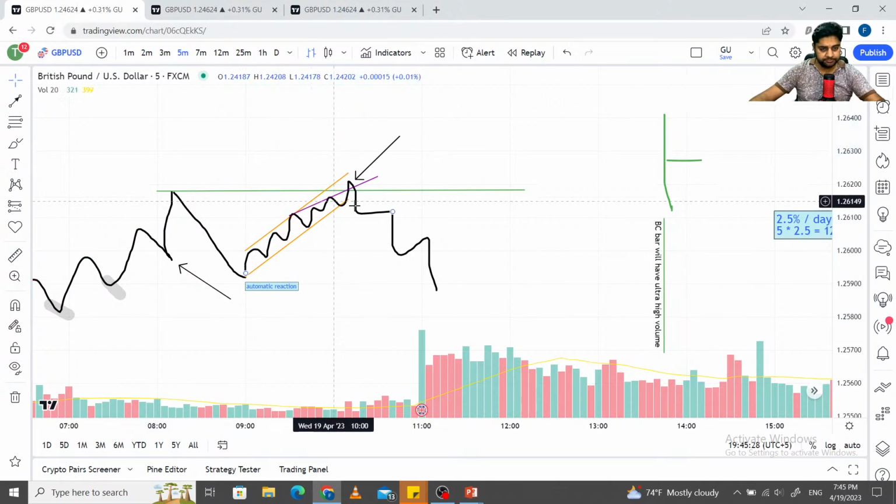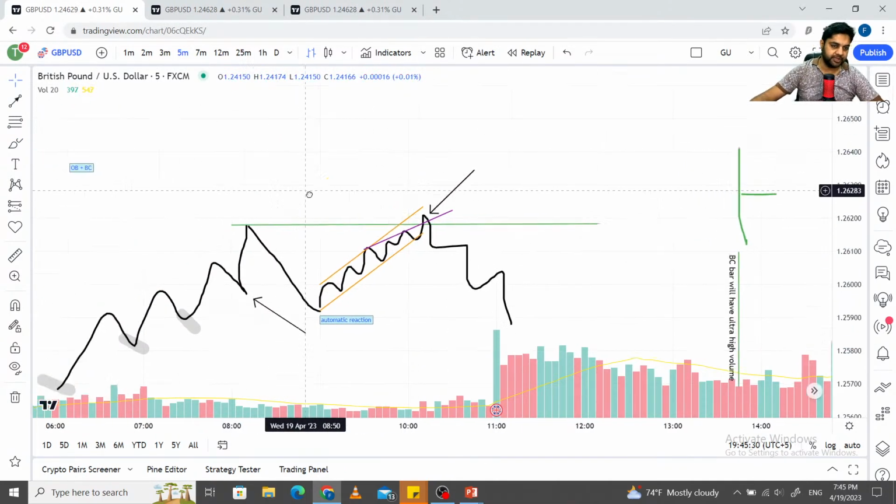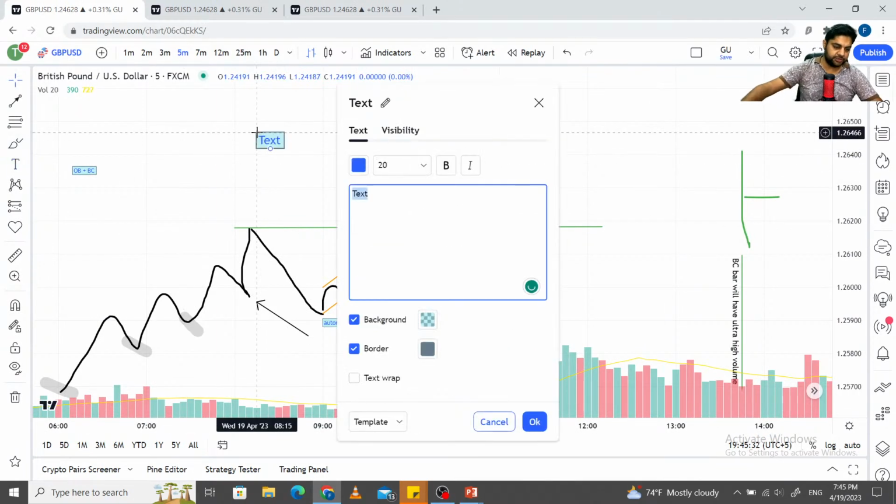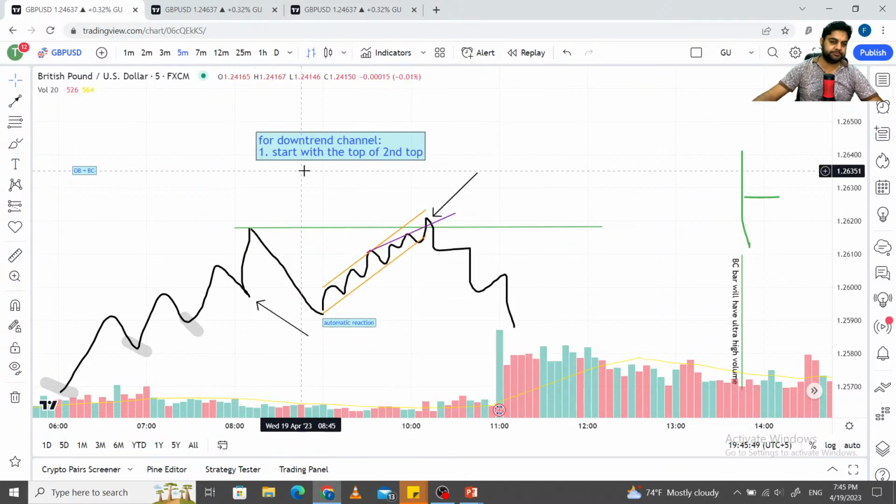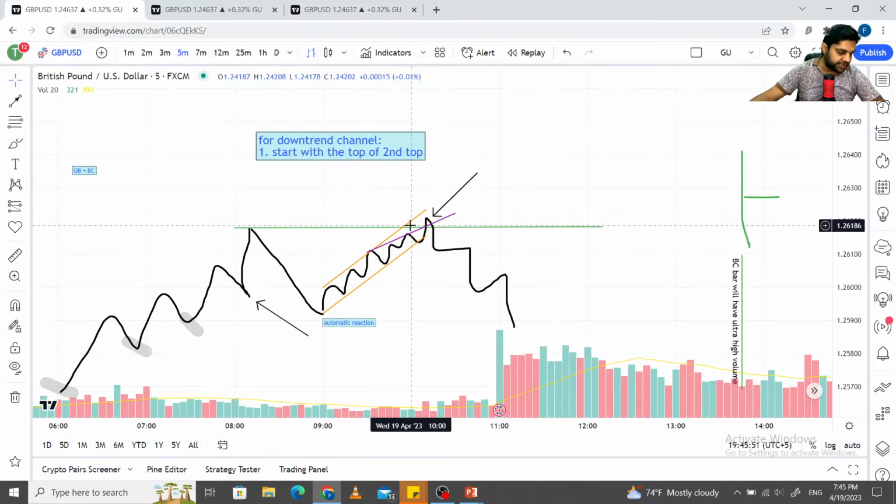How do we draw the downtrend channel? So the rules for the downtrend channel: how do you start? Start with the top or second top.